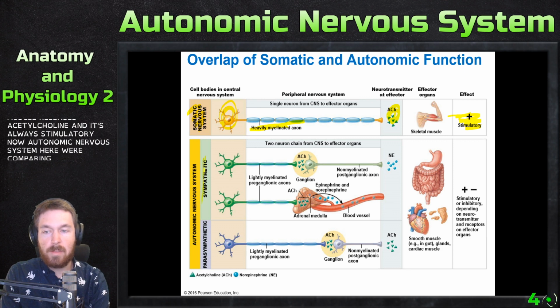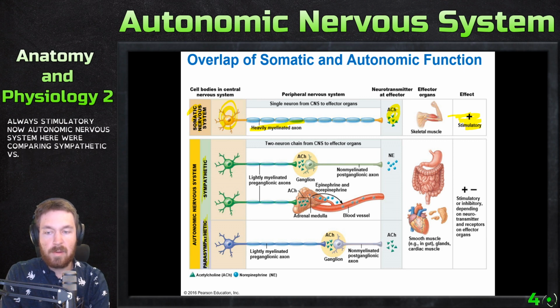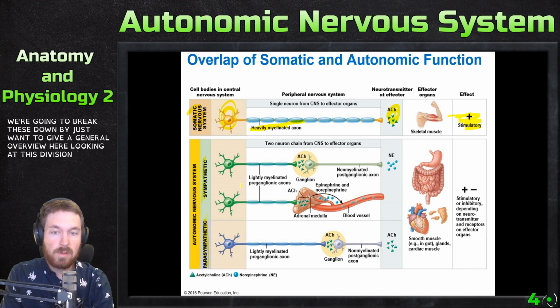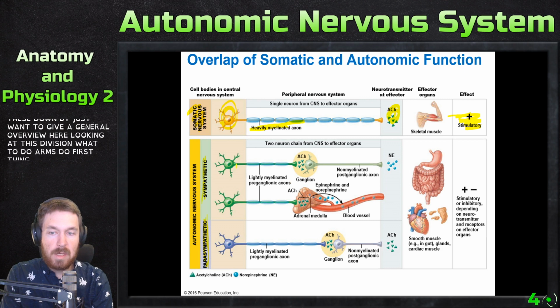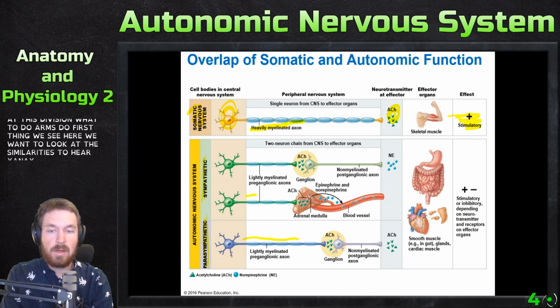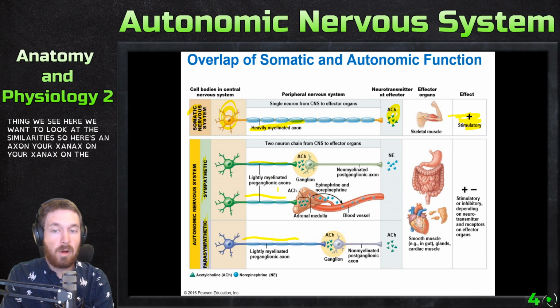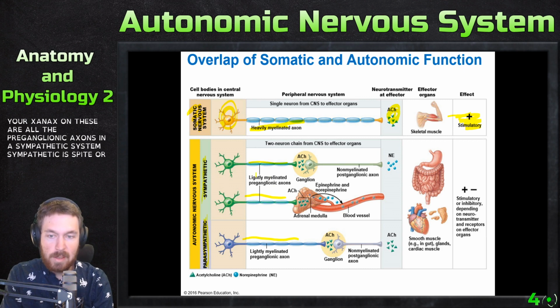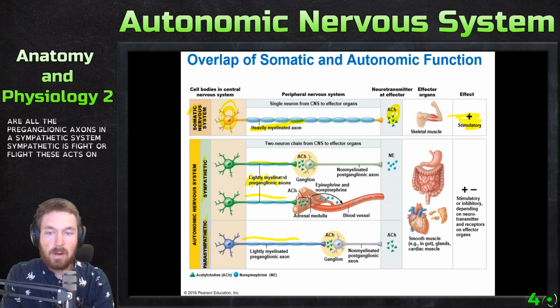Now, the autonomic nervous system. Here we're comparing sympathetic versus parasympathetic. We're going to break these down, but I just want to give a general overview, looking at this division and what the two arms do. First, we look at the similarities. Here's an axon, here's an axon, here's an axon. These are all the preganglionic axons. In the sympathetic system, which is fight or flight, these axons are lightly myelinated and short.